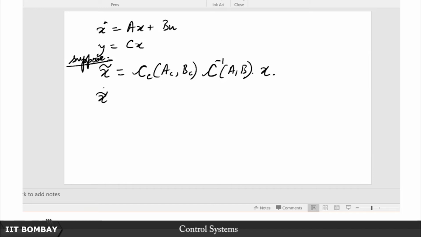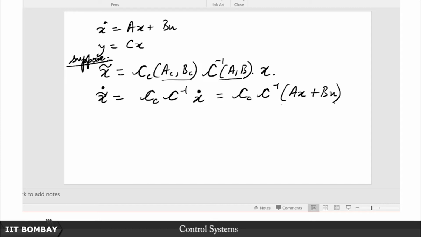Again, something we have done so often, then x tilde dot is equal to CC C inverse x dot, which is CC C inverse times Ax plus Bu. So that I can now write as CC C inverse A, and what do I substitute x as?